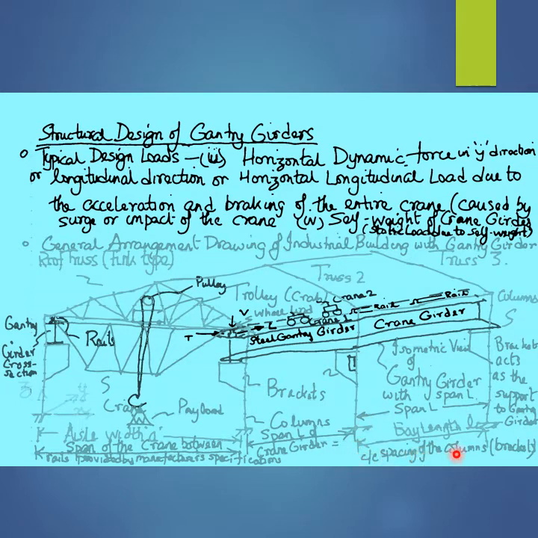It is worthwhile to mention that the center to center spacing or the distance between the columns that support the brackets on which the steel gantry girder or steel crane girder is installed in an industrial building provided with an overhead electric crane, or in general in any industrial building structure, is also termed as the bay length.